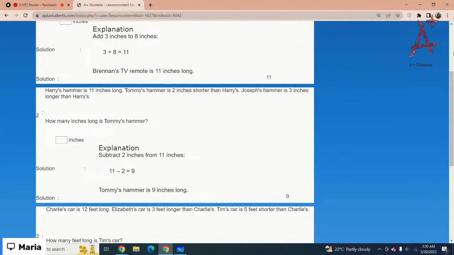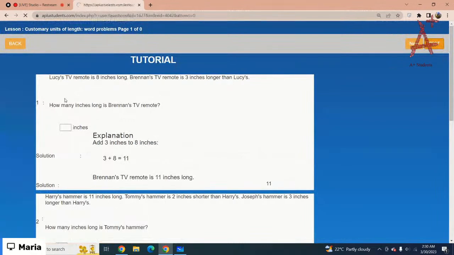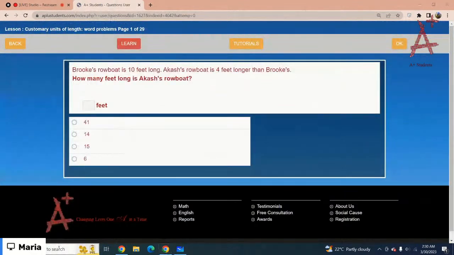Let's start with the test questions. Brooks' rowboat is 10 feet long. Akash's rowboat is 4 feet longer than Brooks'. So the length of Brooks' rowboat is 10 feet.